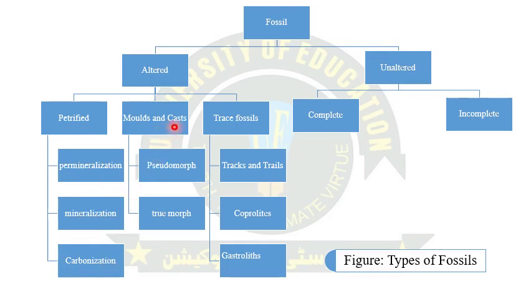Molds and casts can be pseudomorph or true morph, while trace fossils are of three categories: tracks and trails, coprolites, and gastroliths. So here is an overall summary of different types of fossils. We will discuss each type in detail in upcoming slides.